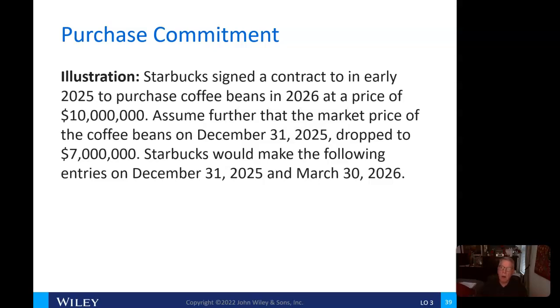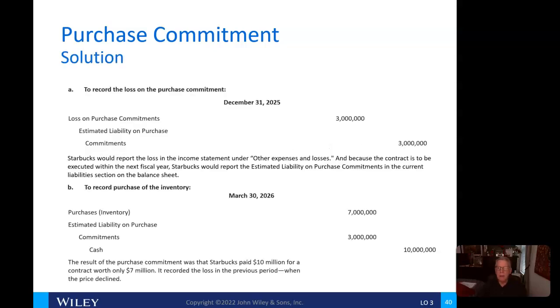Starbucks is going to make the following entries on its December 31, 2025 and March 30, 2026.